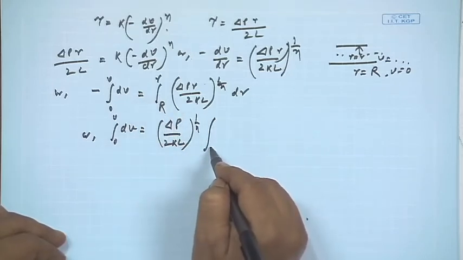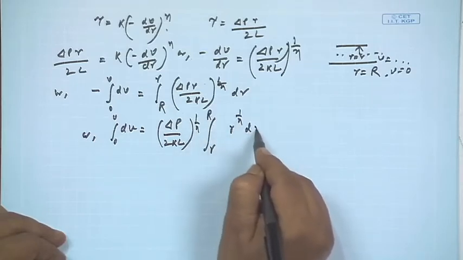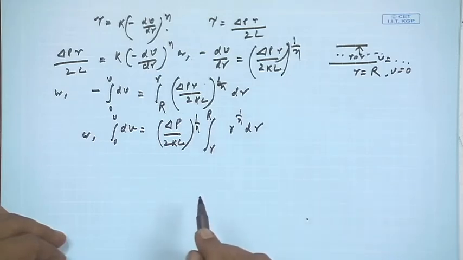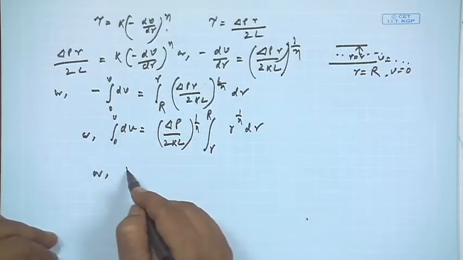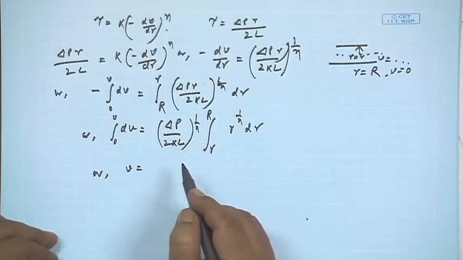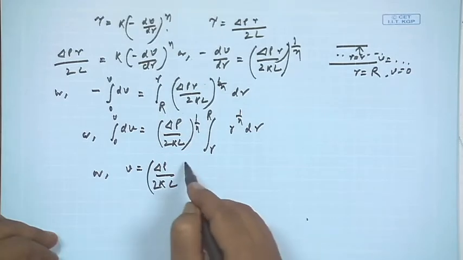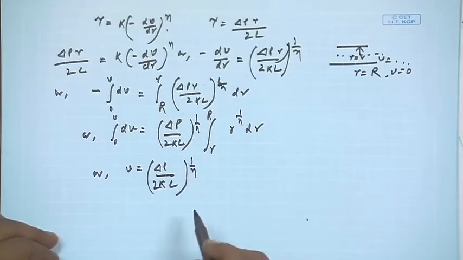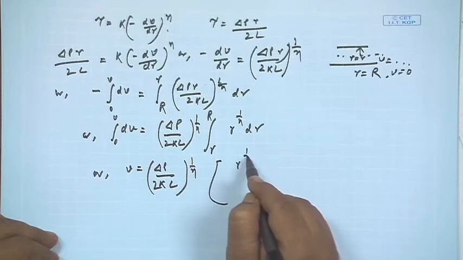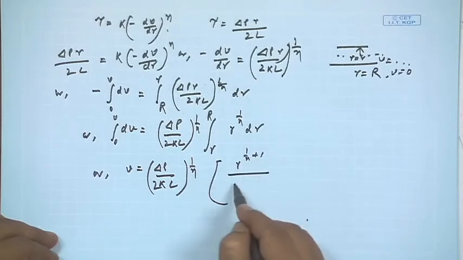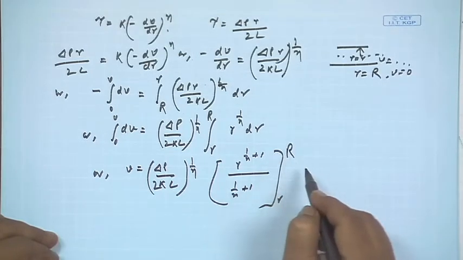So we can write this as the integral from r to R of r to the power 1 by n dr, right. On integration, V is equal to (delta P by 2 k L) whole to the power 1 by n, times r to the power (1 by n plus 1) divided by (1 by n plus 1), for r from r to capital R.